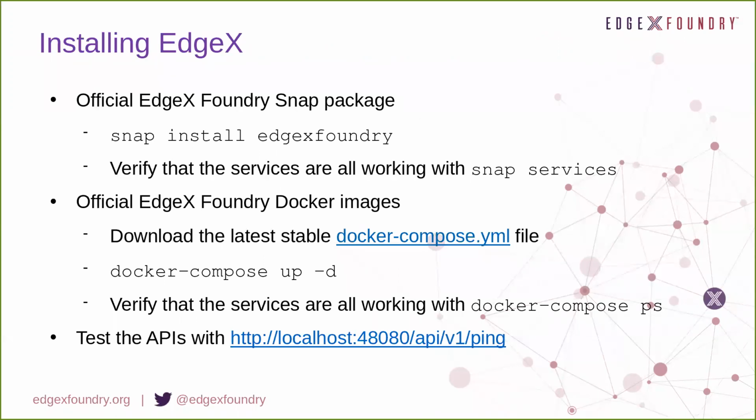Just type snap install edgexfoundry in your command line, and it will download and install that and start the services. You can verify that those services are running with the snap services command. You'll see all of the different EdgeX Foundry microservices listed there individually. Some of them are enabled by default, some of them aren't, and you can use the snap command again to turn those on and off however you would like.